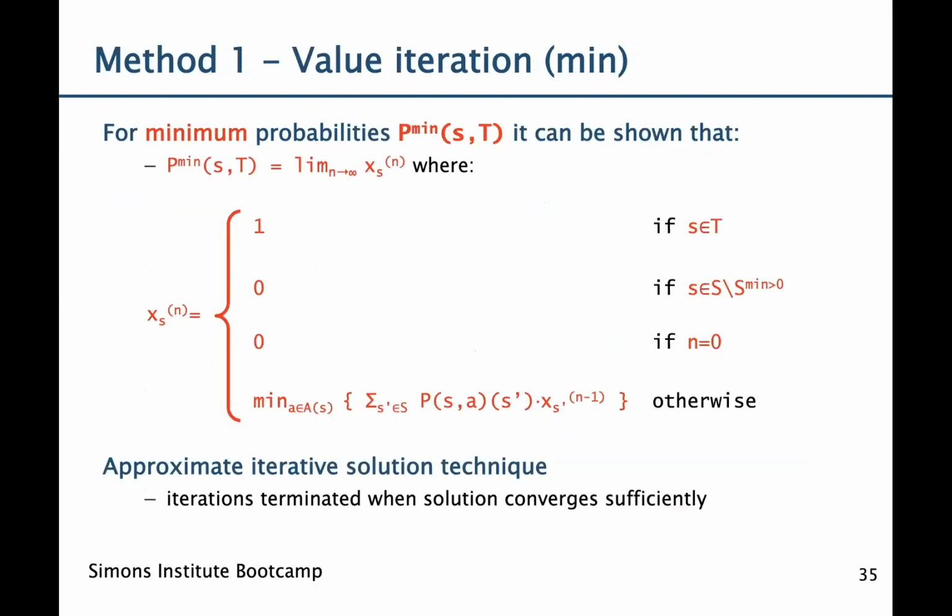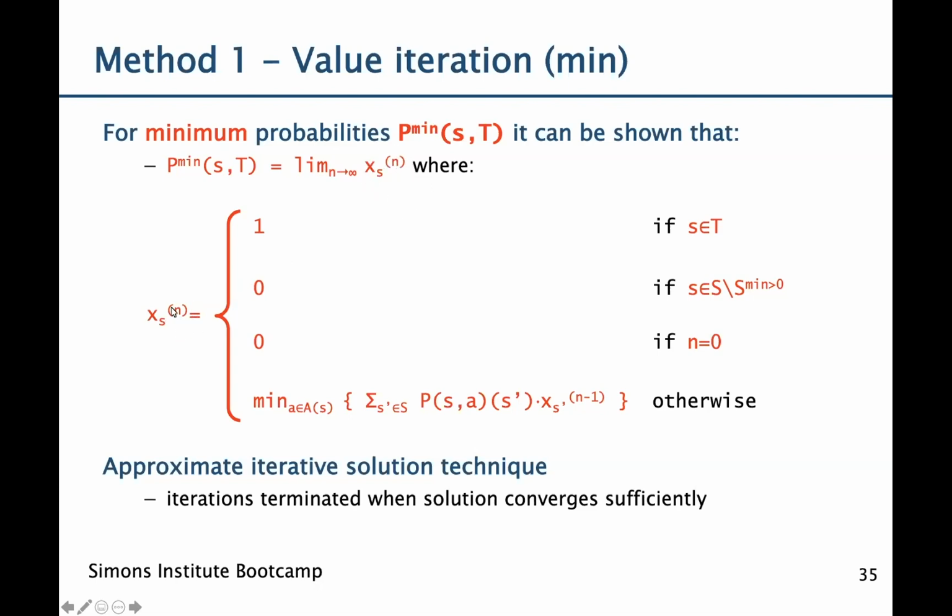So let's first consider value iteration, when we're computing minimum probabilities. This can be computed as a limit. Here we're computing the probabilities for all states at the same time. The minimum probability for state S of reaching T is the limit of these over n.